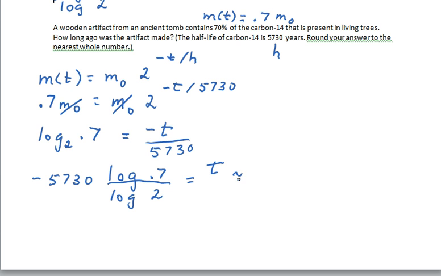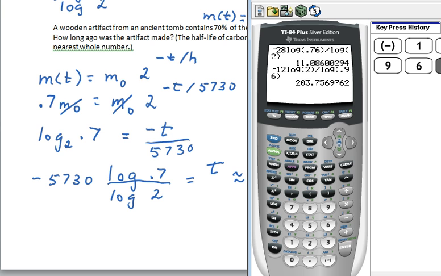And then I can find the approximate value there to the nearest whole number using the calculator. We have negative 5,730 log 0.7, close the parentheses, divided by log 2.